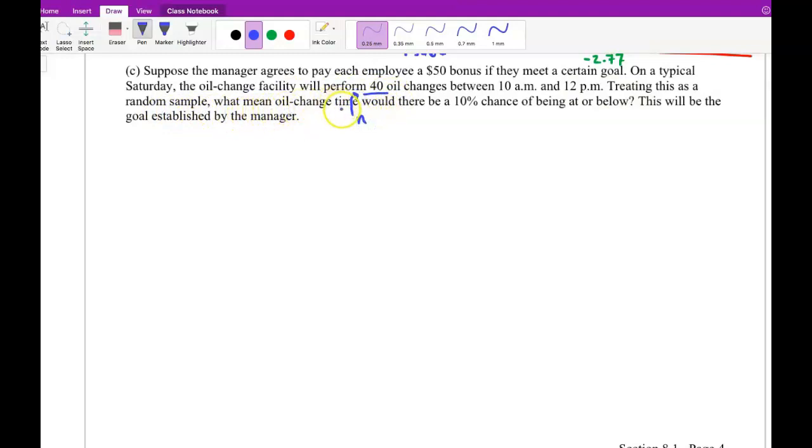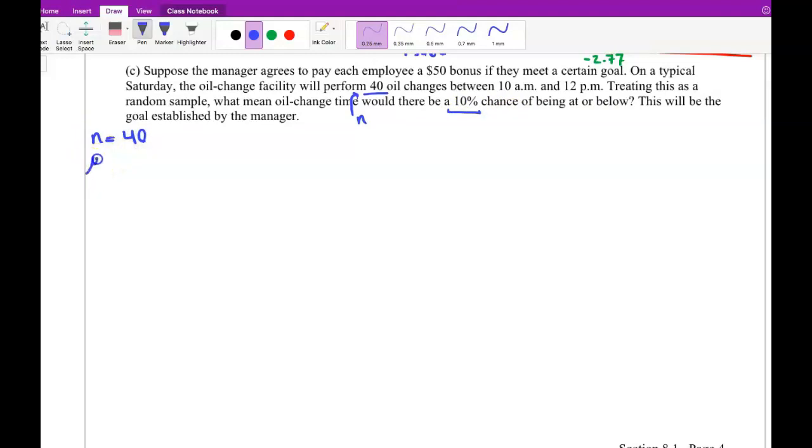What mean oil change time would there be a 10% chance of being at or below? So the sample size is 40.